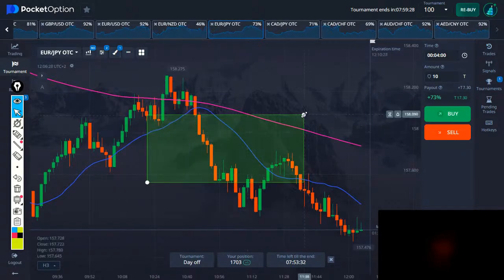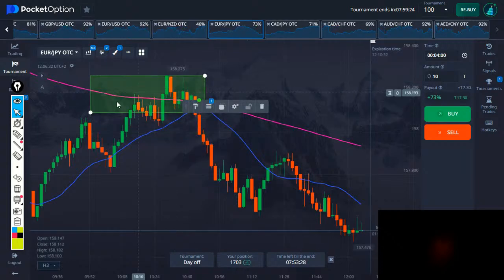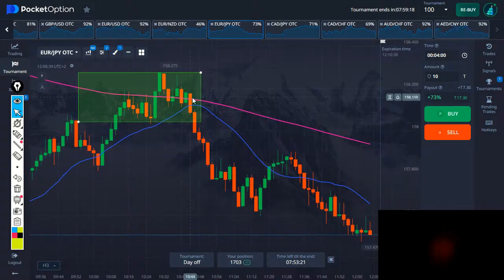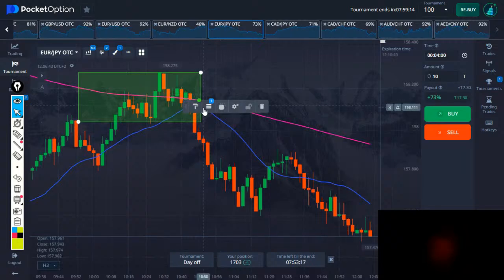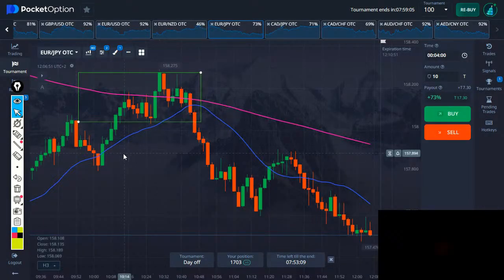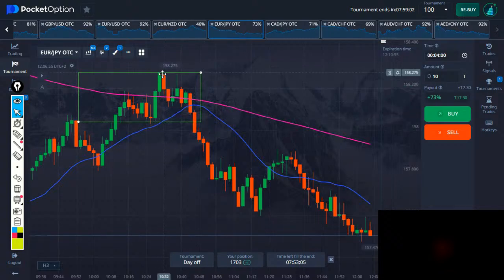So you get your rectangle, you set up your swing high and swing low. Okay. Let me change the color of this baby. I need the body to be transparent. Okay. So you have your swing high and swing low marked by this rectangle.